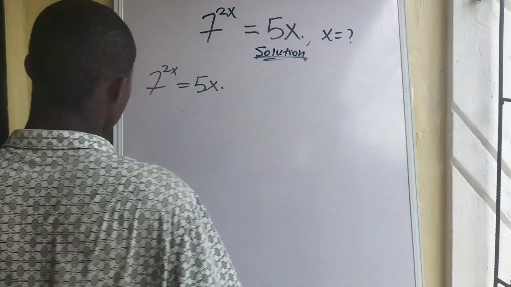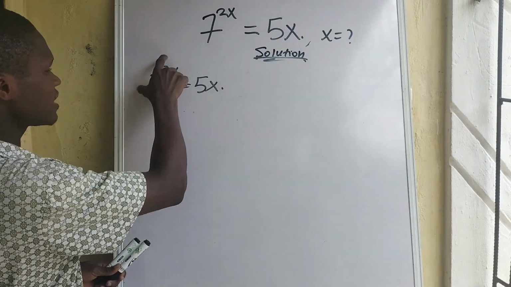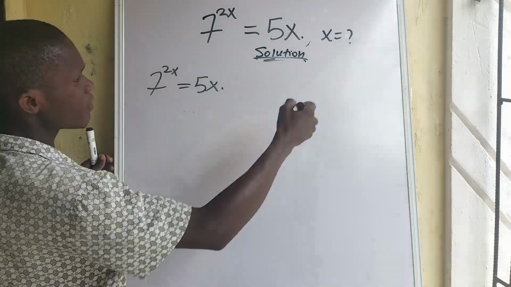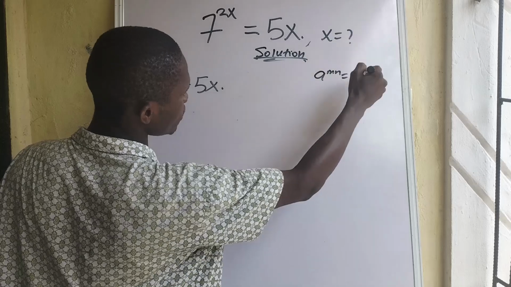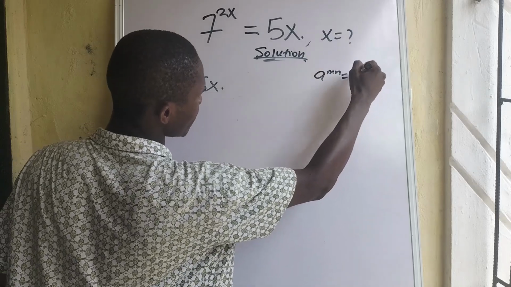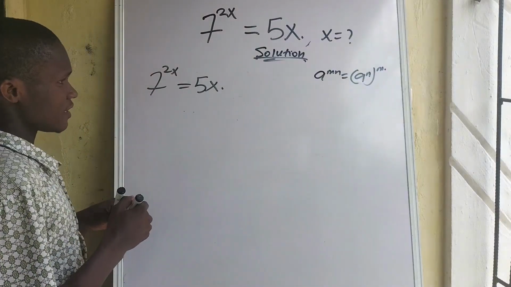The first thing I'm going to do is rewrite this again. Remember from your rules of indices, a to the power of nm is also equal to a to the power of n, in brackets, to the power of m.